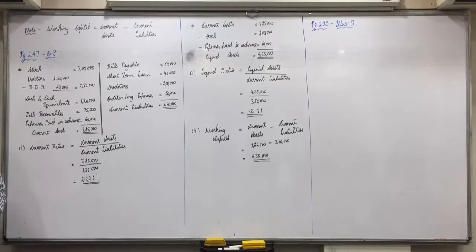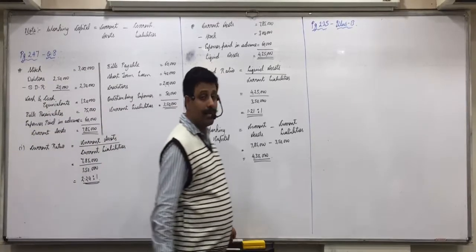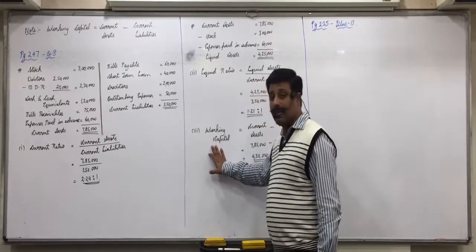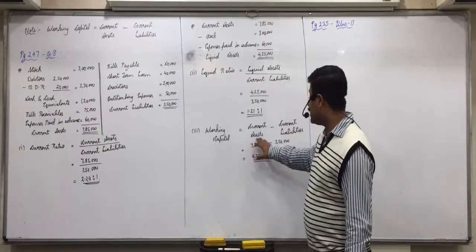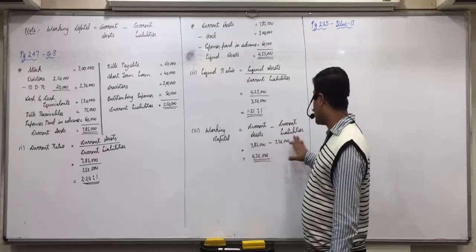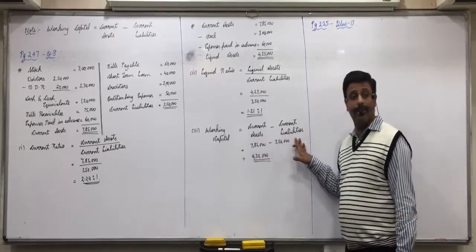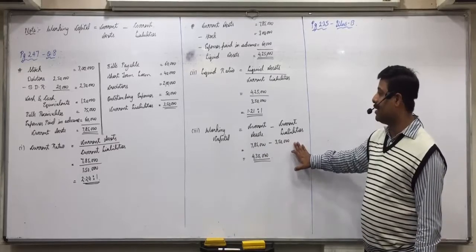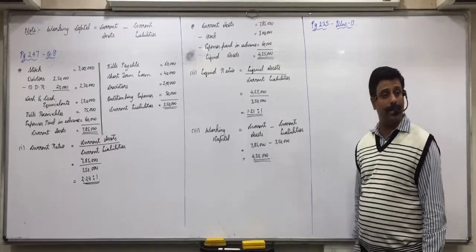See, current assets are given 1,50,000 and working capital is given 60,000. So can we find current liabilities or not? Yes. From this same formula, current liabilities can be obtained.